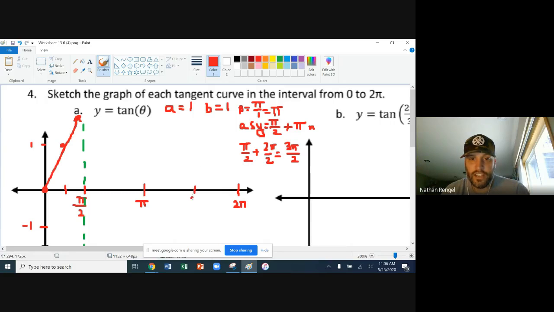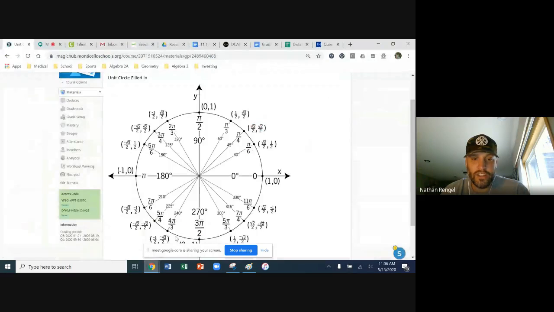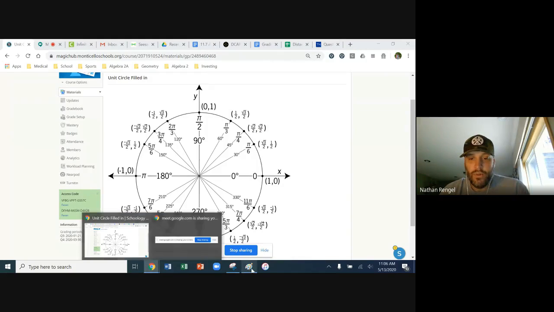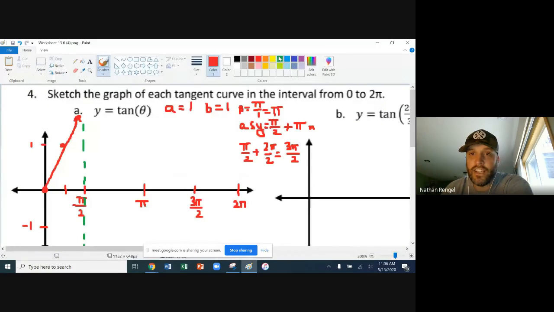So here's where our next asymptote will be. And looking back to your unit circle, that's this position down here. Your tangent is undefined down at that position. Okay, so now we can graph our next asymptote. There it is. And we'll start graphing our curve.